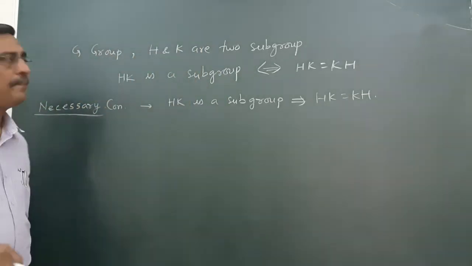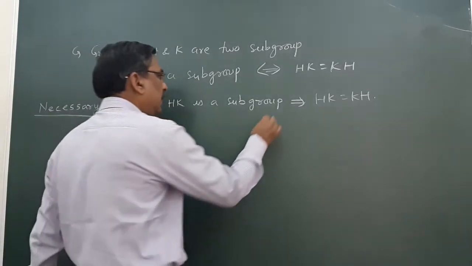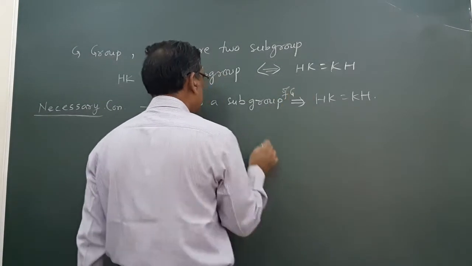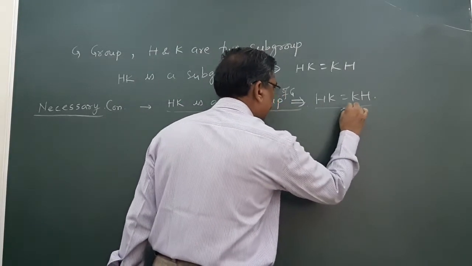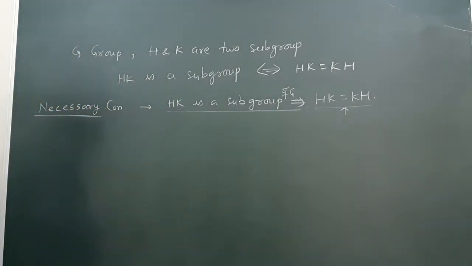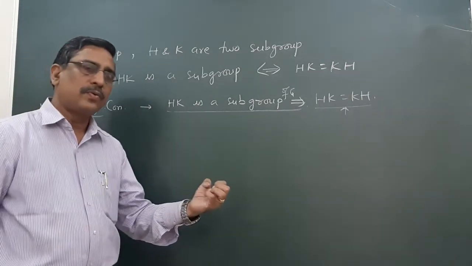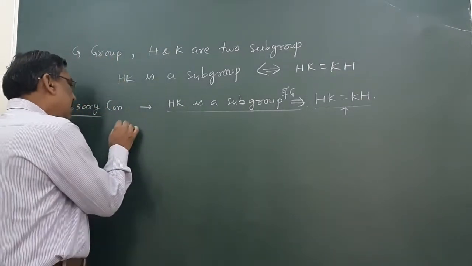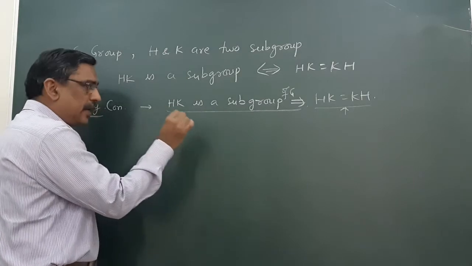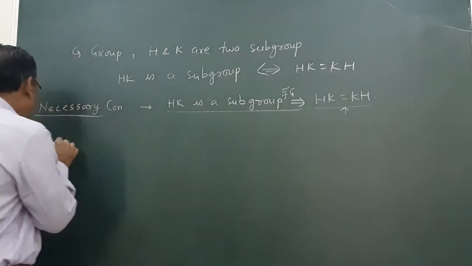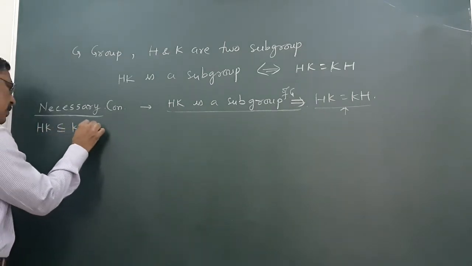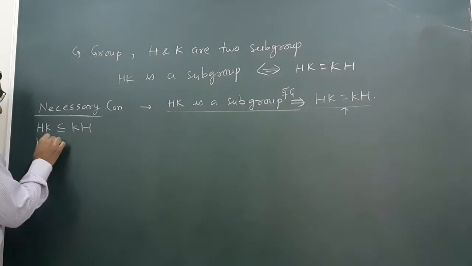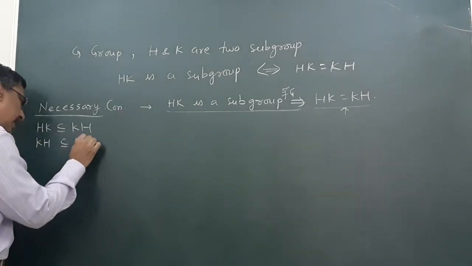So, HK is a subgroup of G. Now, our target is to prove HK is equal to KH. For any two subsets or any two subgroups, to prove HK equal to KH, naturally we need to prove HK is a subset of KH and KH is a subset of HK.